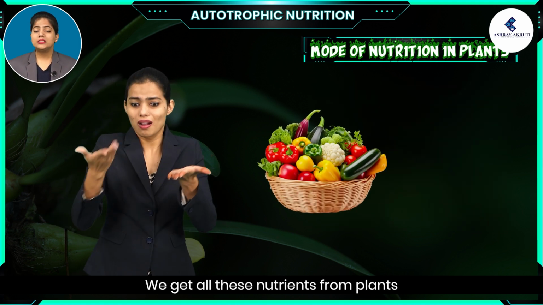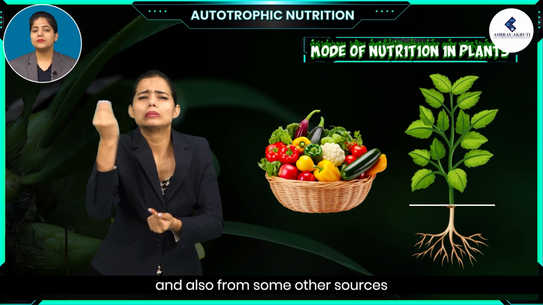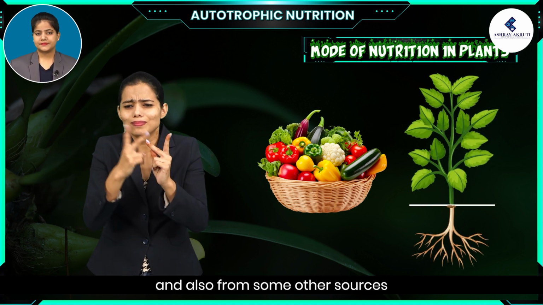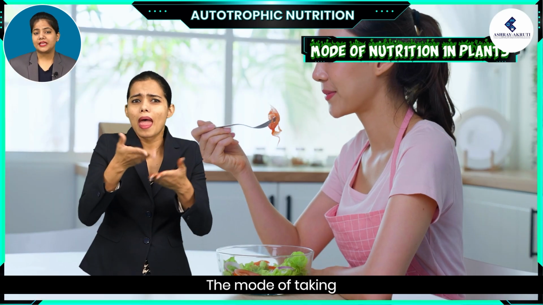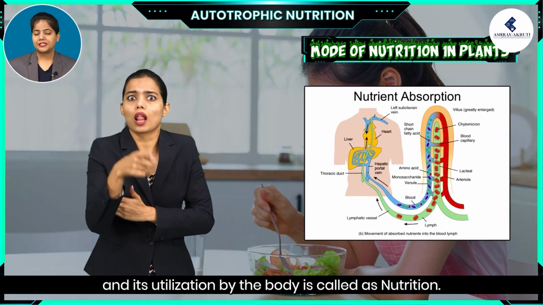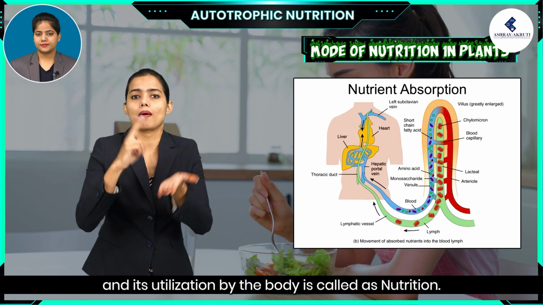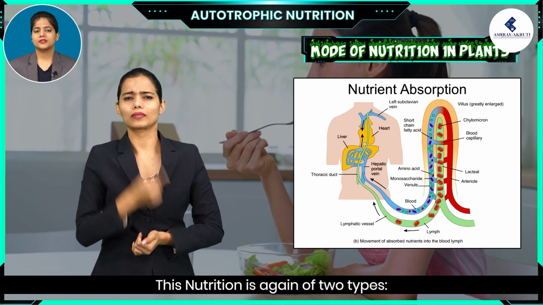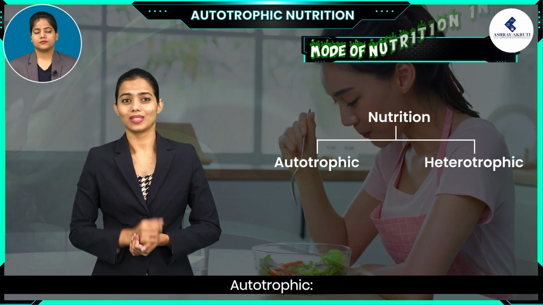We get all these nutrients from plants and also from some other sources. The mode of taking food-like nutrients by an organism and its utilization by the body is called as nutrition.